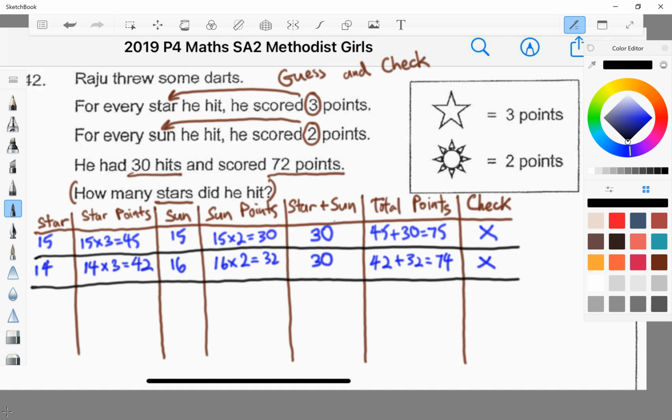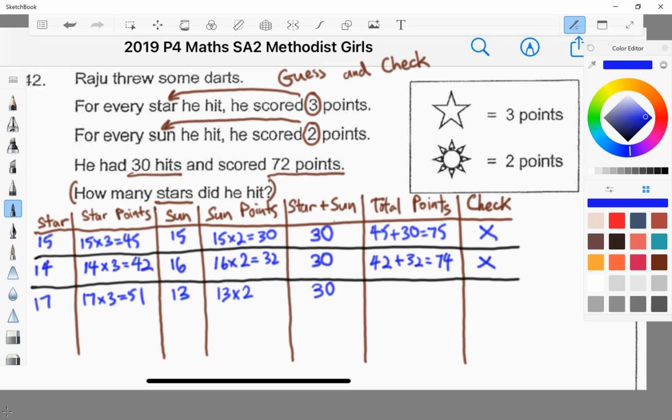Perhaps I can just directly reduce my sun further by 2. So instead of putting 14 for the sun, I will just go ahead and put 13. If I have 13 suns, the stars must be 17 because they must add up to 30. From there I will work out 17 times 3, which gives me 51. 13 times 2, which gives us... you realize that I actually made a mistake.